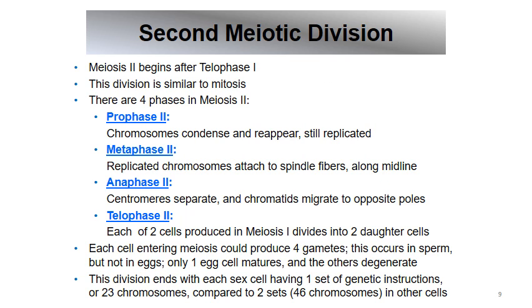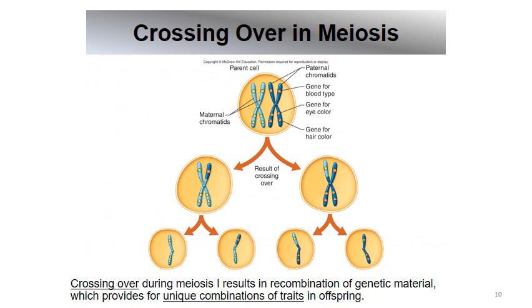And then meiosis 2, here this is just giving the other steps. In meiosis 2, again, the only thing that you really need to remember is that this is separating the sister chromatids, and at the end of this, we're going to have 4 haploid cells. And here's just another picture from our book just to show that crossing over is occurring in meiosis 1.